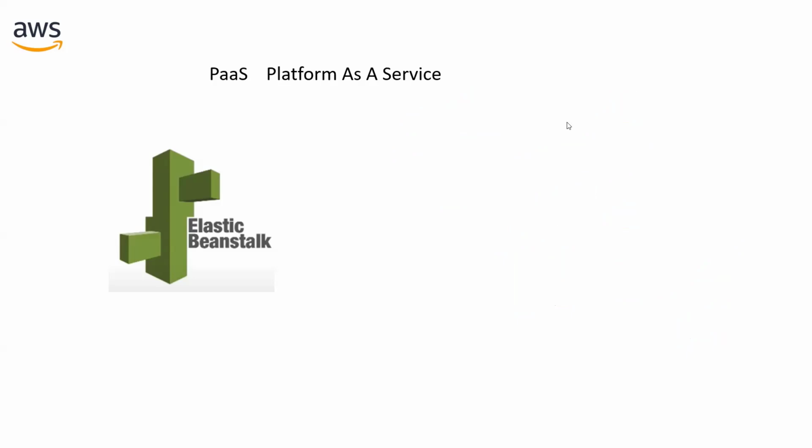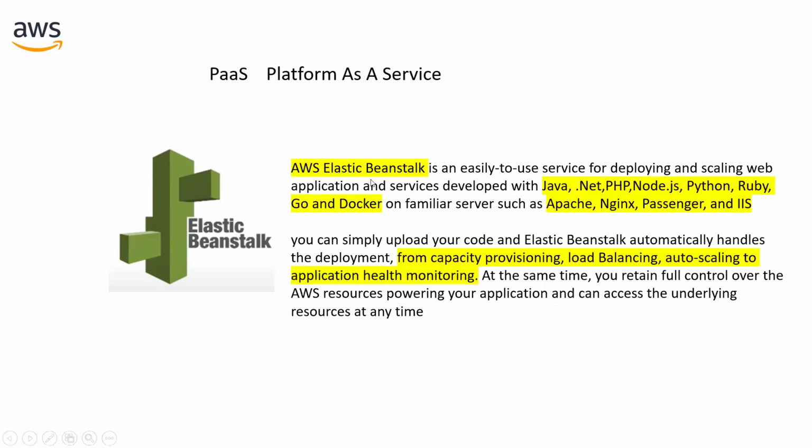And what is this Elastic Beanstalk? Whenever you're deploying Elastic Beanstalk, you can deploy it with the application, remember. Elastic Beanstalk is an easy to use service for deploying and scaling web applications and services. You can deploy with Java, .NET, PHP, Node.js, Python, Ruby.